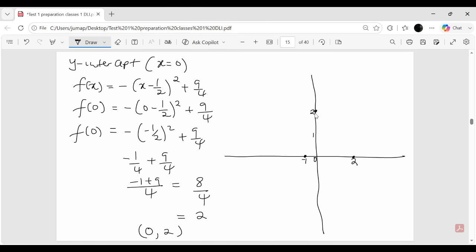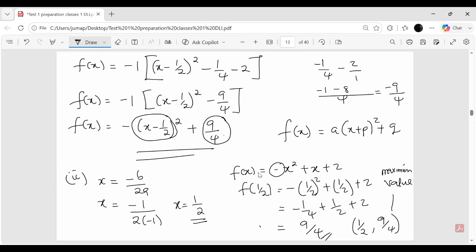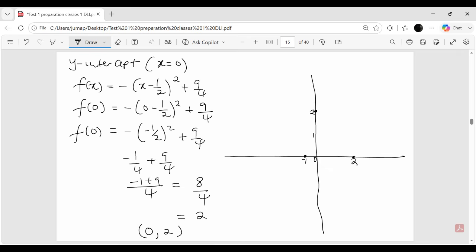Then there's a turning point, or maximum value, which is the point (1/2, 9/4). There's 1 here, so the half is somewhere here, and 9/4 is just slightly above.